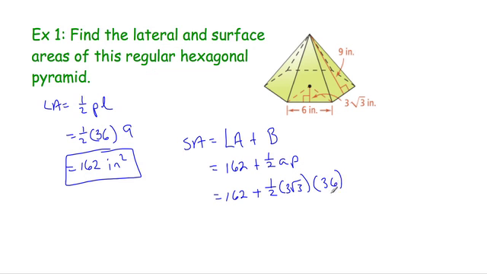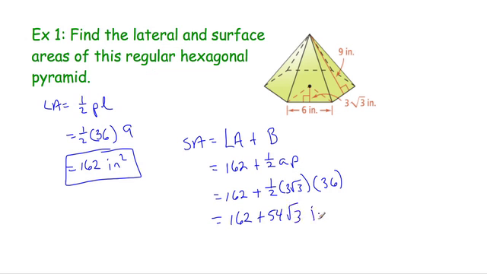So I'm going to multiply all this together. Remember, I'm not multiplying inside the radical, because that doesn't follow our radical rules, so we can't do that. I'm just going to multiply 1/2 times 3 times 36, and I get 54. So I have 162 plus 54 radical 3.